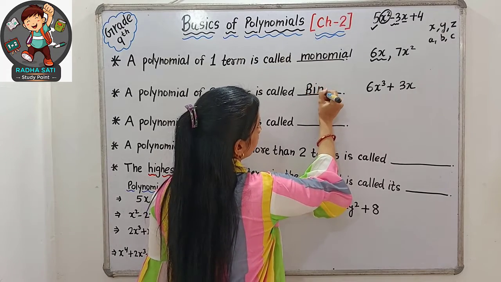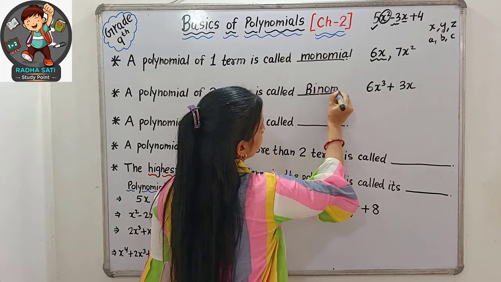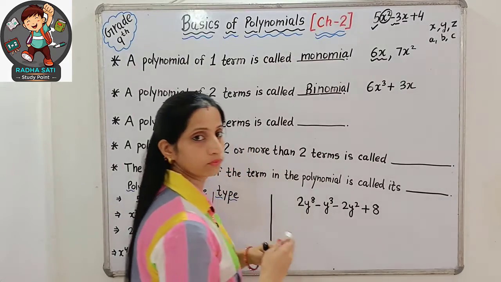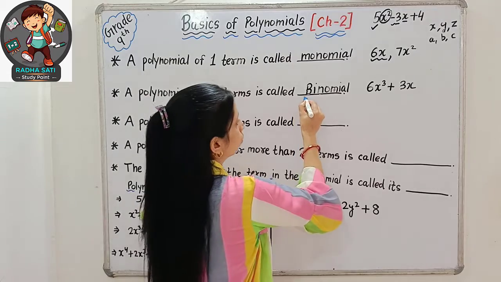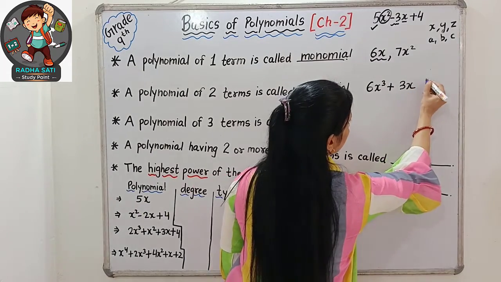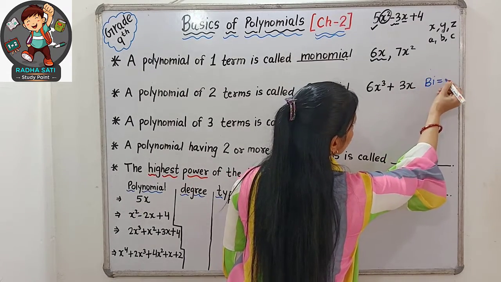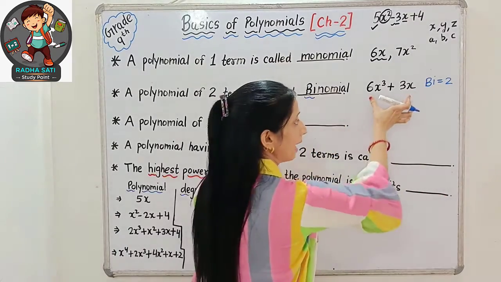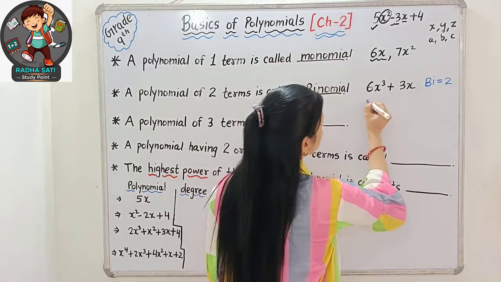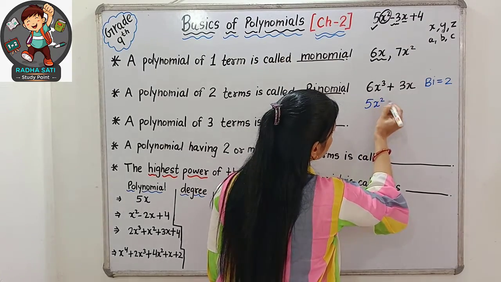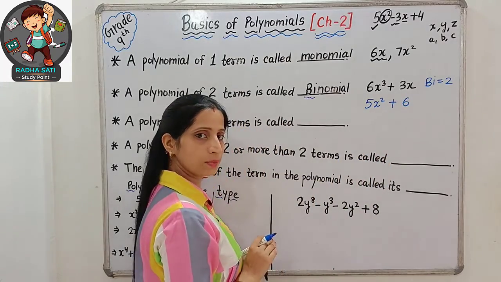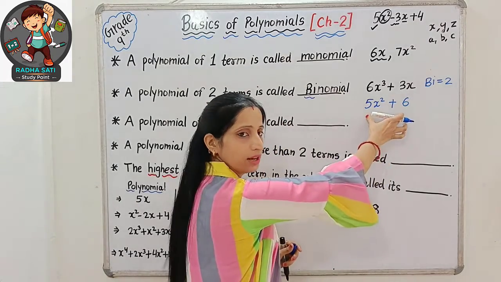B-I-N-O-M-I-A-L. Binomial. Here the bi means 2. What is the meaning of bi? Bi means 2. Hence we call it binomial. Okay. So any polynomial in which there is only 2 terms. For example, if it will be like this, 5x square plus 6, this will also be a binomial.